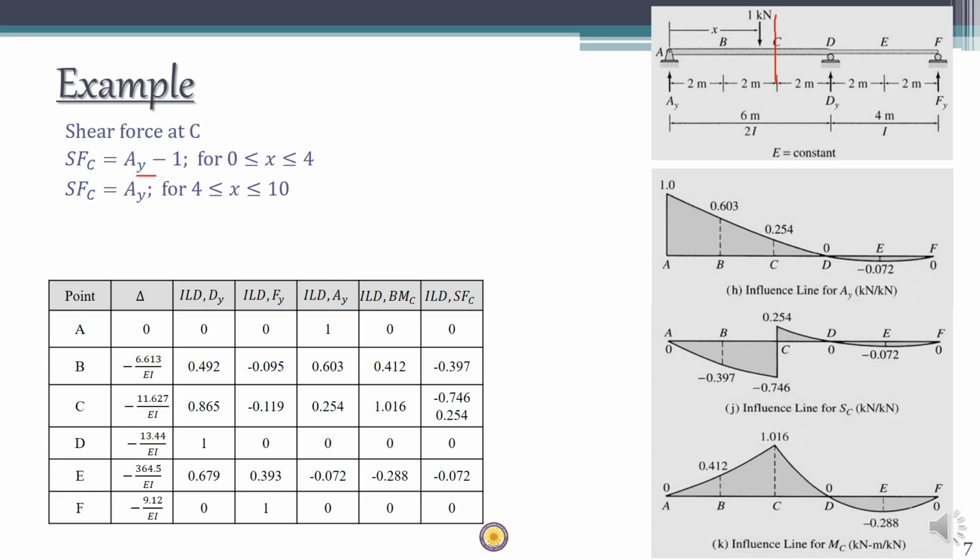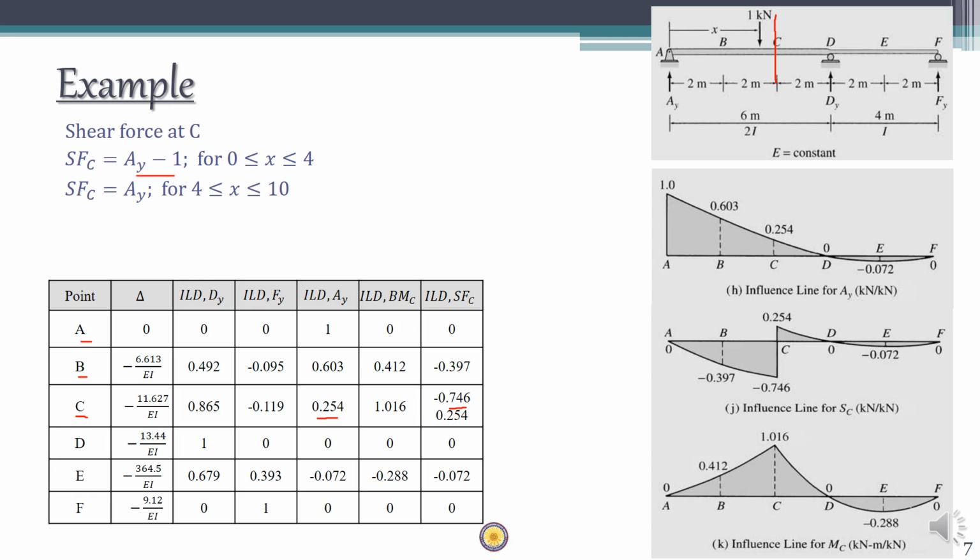So this is written here. So for x equal to 0 to 4, that includes support A, B which is 2 meter, and C which is 4 meter. For all these points, the shear force value is going to be ay minus 1, which means 0 minus 1, which is minus 1, and 0.254 minus 1 is going to be minus 0.746.